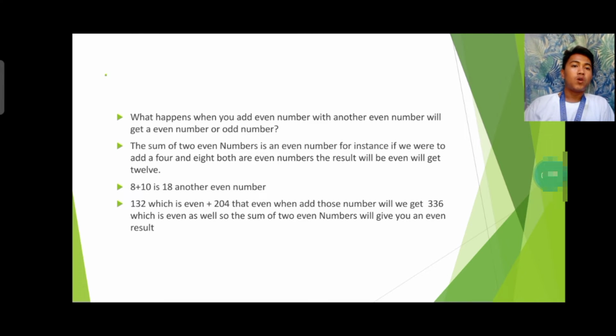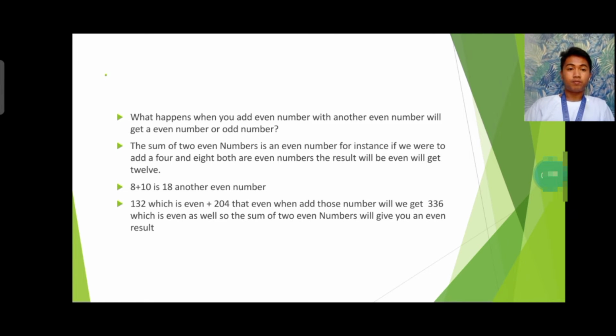What happens when you add an even number with another even number? Will we get an even number or an odd number? The sum of two even numbers is an even number. For instance, if we were to add 4 and 8, both are even numbers, the result will be even. We'll get 12.